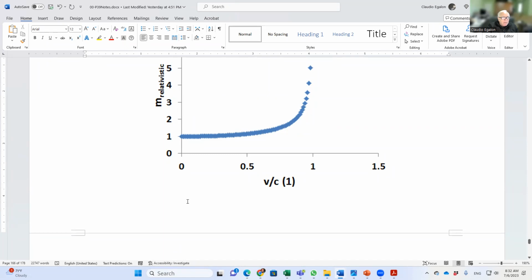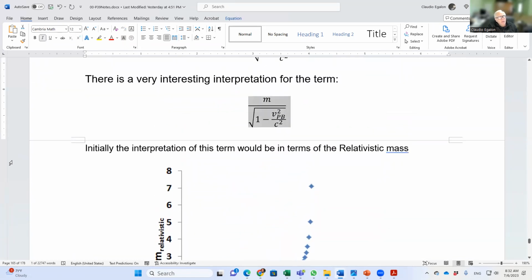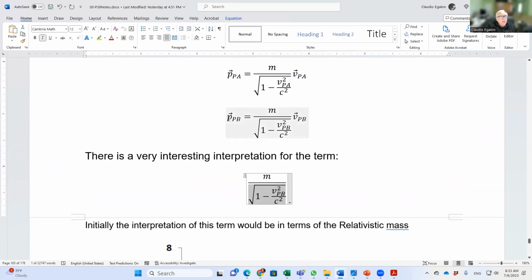Keep that in mind. So there are three schools of thoughts right now. One school of thought says that this term is a relativistic mass, that the mass does indeed increase. And then there's another school of thought. This term that you see here is unrelated to the mass of the particle and is just inherent to the linear momentum, okay?